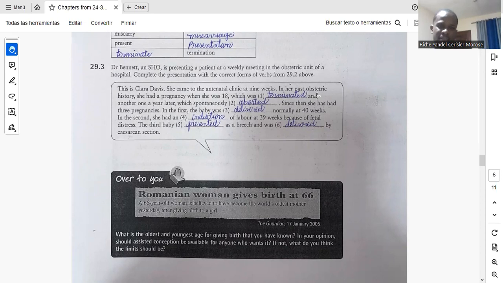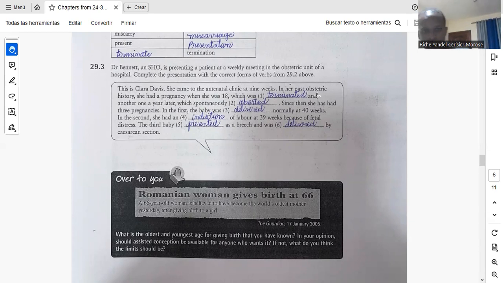This is Clara Davis. She came to the antenatal clinic at 9 weeks. In her past obstetric history, she had a pregnancy when she was 18, which was terminated, and another one a year later, which spontaneously aborted. Since then she has had 3 pregnancies.